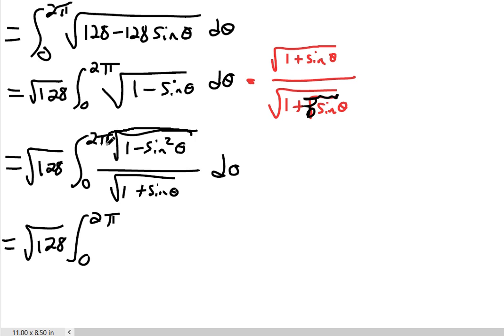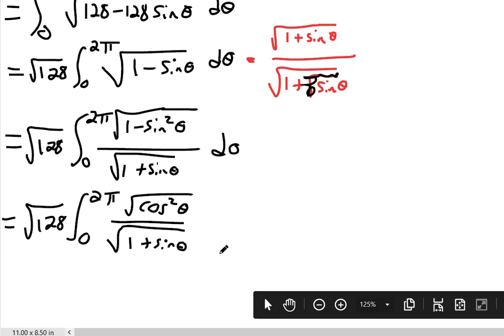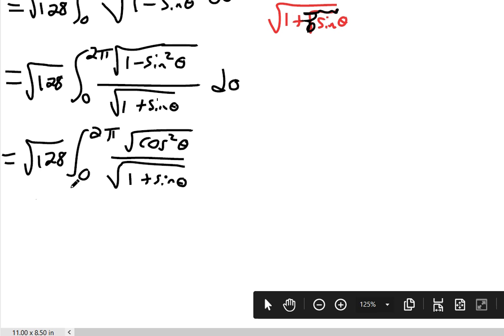This up here is going to be cosine squared theta. Now, be careful. Whenever you use a square root to cancel out a square, remember you're supposed to consider both the positive and the negative responses. So instead of just writing cosine theta at the top, I've got to write the absolute value of cosine theta.